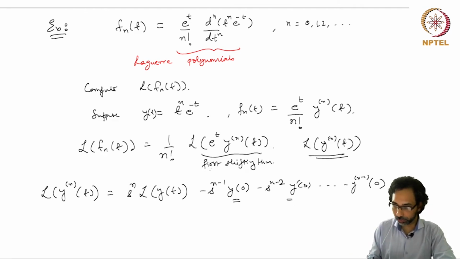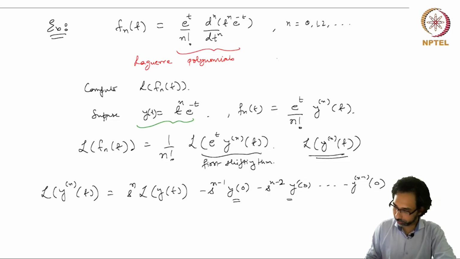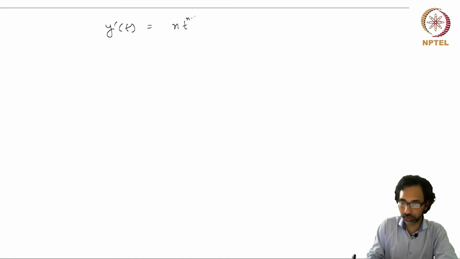Now notice that y(t) is t^n exponential minus t, which means that if you compute, let me go to a new page, y'(t), this is n t^(n-1) exponential minus t plus t^n times minus 1 times exponential minus t.